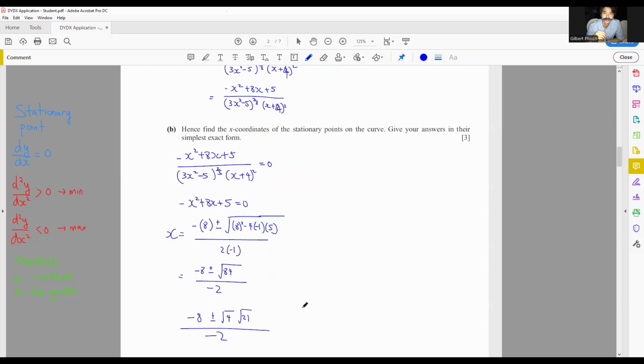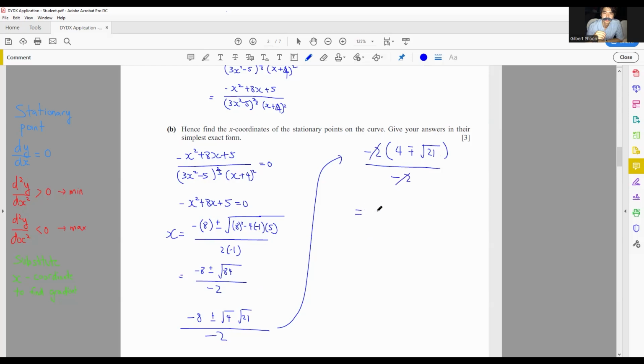Sorry. Then from here, factorize out -2, not just 2. Factorize out -2, you're left with 4, then minus plus. This is also equal to 2, right? Square root of 21 over -2. Cut this, cut this.